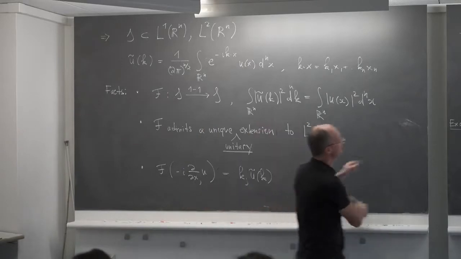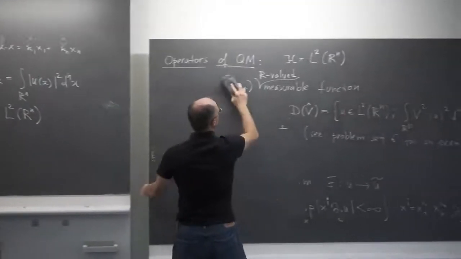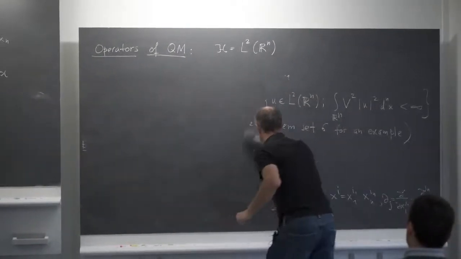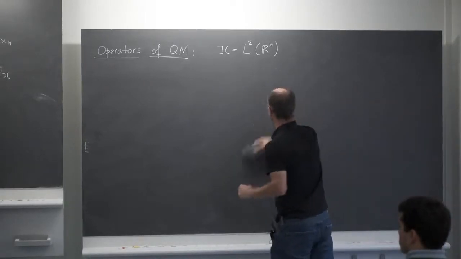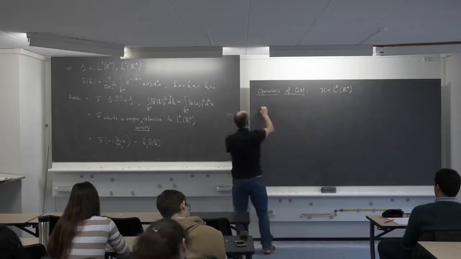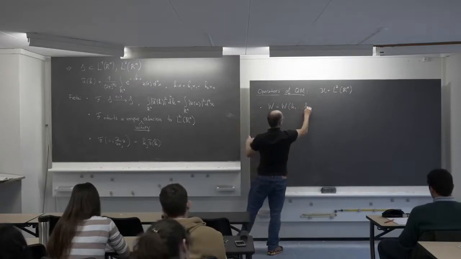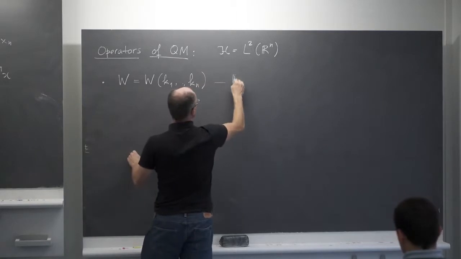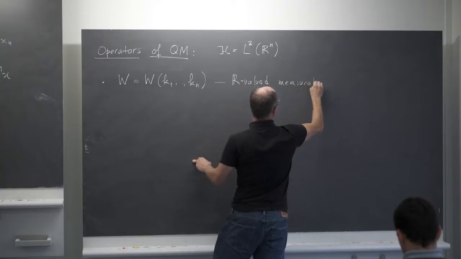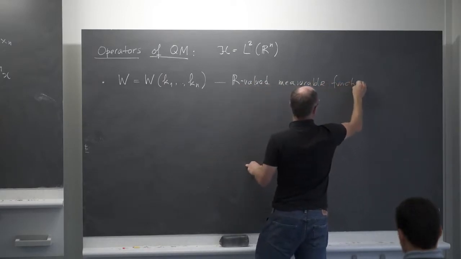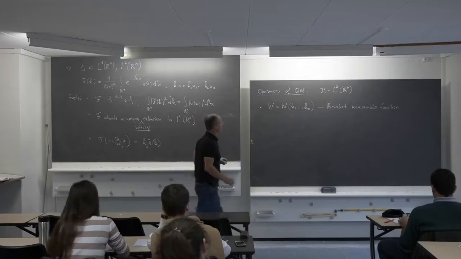So now we can define, similar to what we've done here, many new interesting operators. So let's say we have W, an R-valued measurable function of k's.